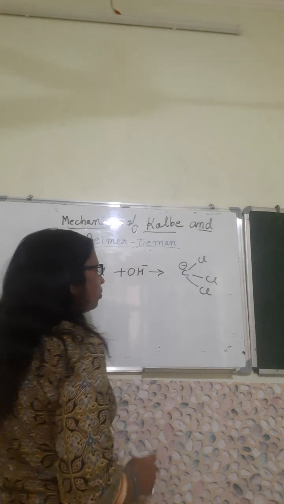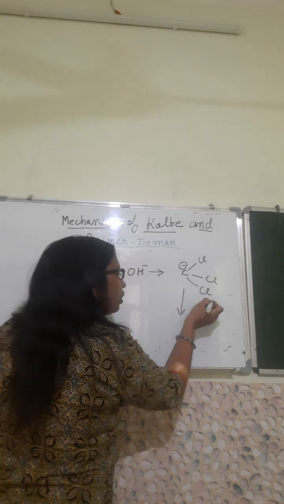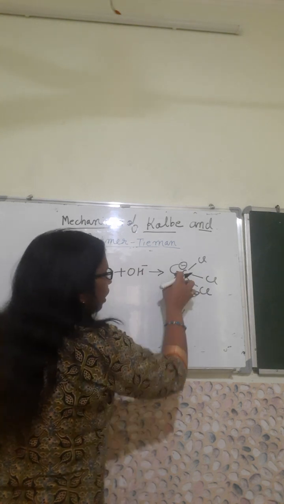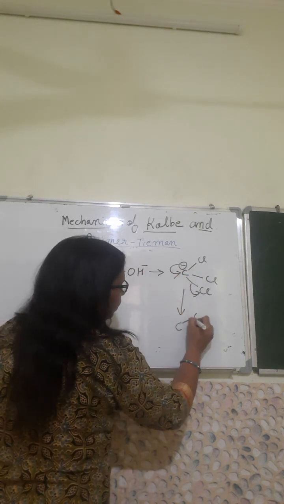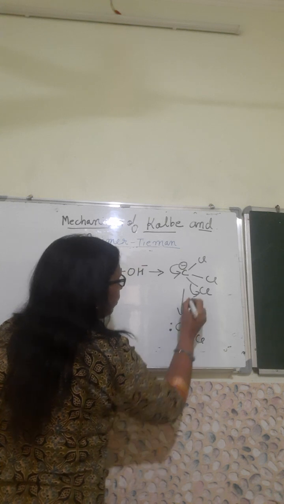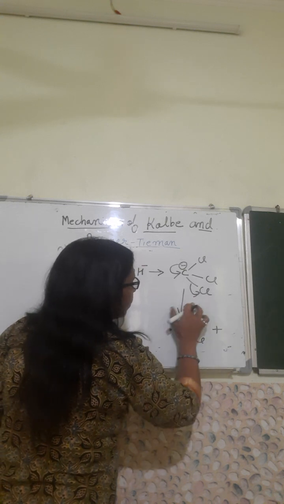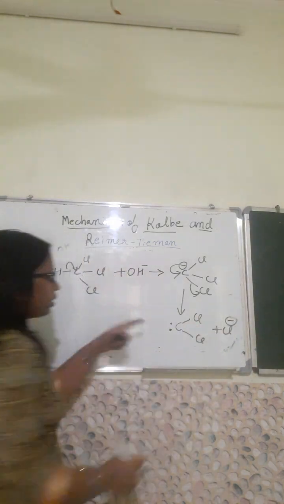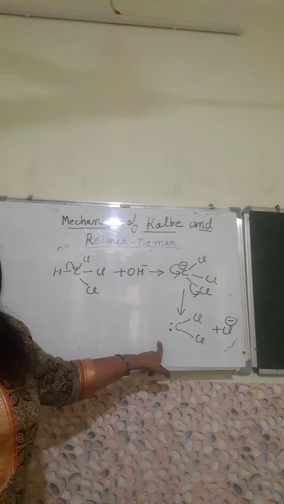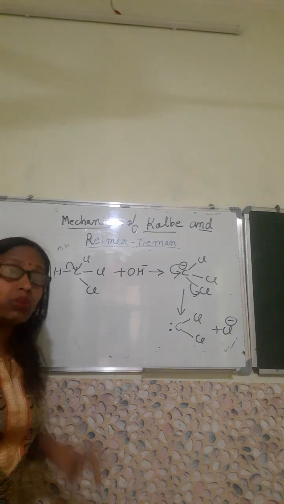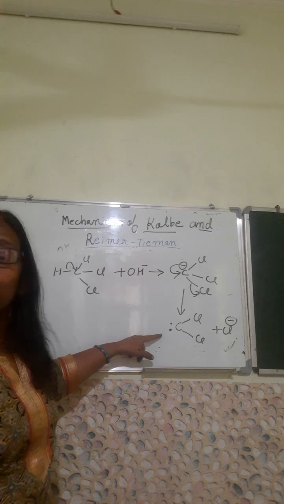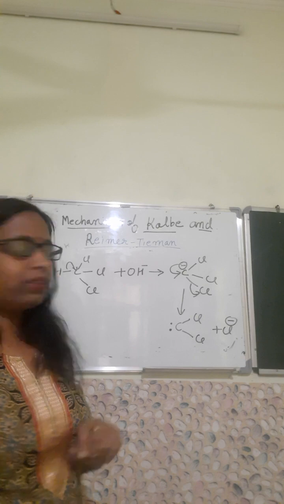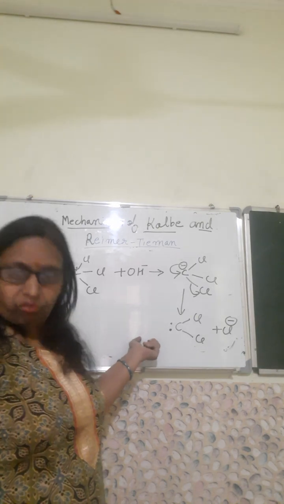This is a very unstable species, so chlorine is removed and the negative charge gives its electrons to the carbon, and we get dichlorocarbene. This species is called dichlorocarbene. It is an electrophile because of incomplete octet: 2 electrons plus 4, that is 6. The octet does not complete, that's why it is an electrophile.